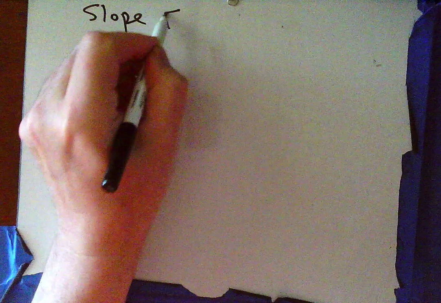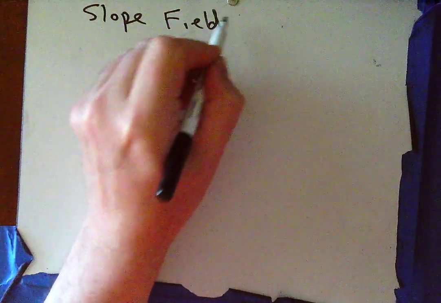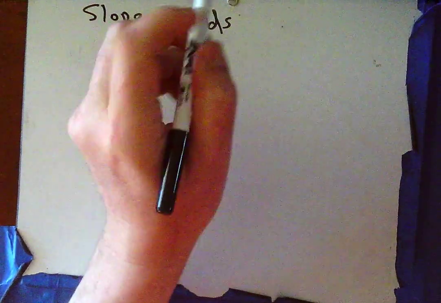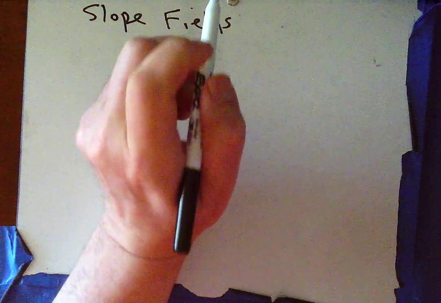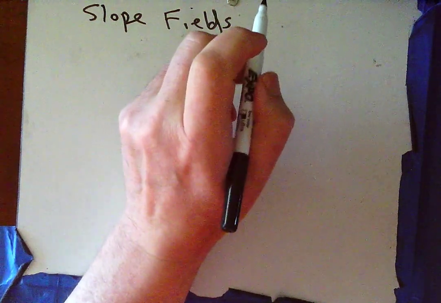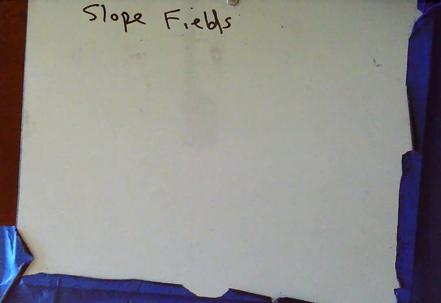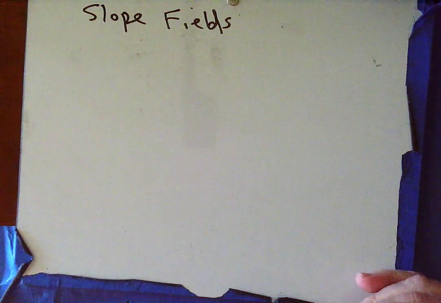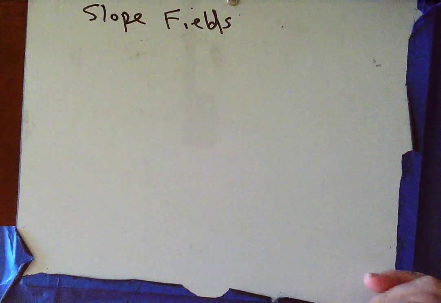Okay, now slope fields. In the last couple of days or videos, we have explored the idea of solving differential equations so that we could have an antiderivative. And that process of using separation of variables and using differentials was pretty powerful. We could do a lot of problems like that.